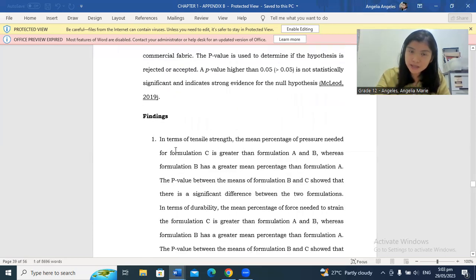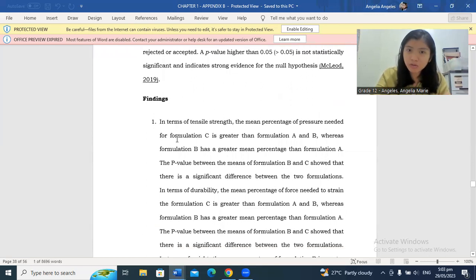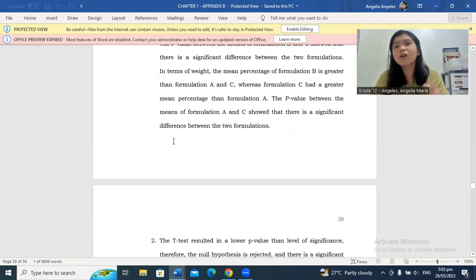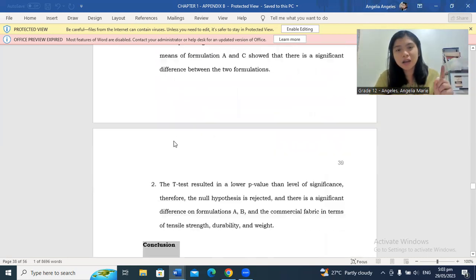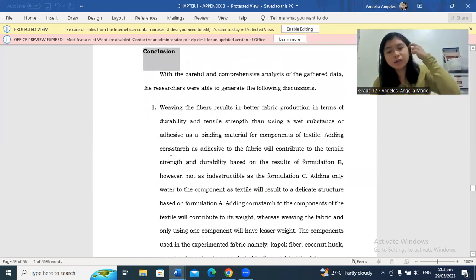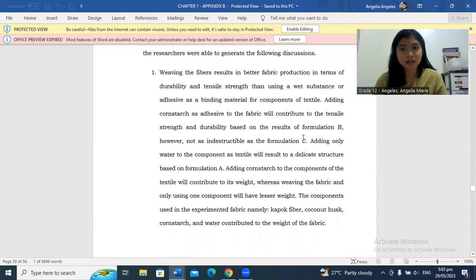Okay, so what naman kung mas greater than ang formulation A and B, or so what kung mas greater ang formulation na ito? Ano namang ini-imply mo? Okay, so for the number one, weaving the fibers resulted in better fabric production in terms of durability and tensile strength than using a wet substance or adhesive as a binding material for components of textile.